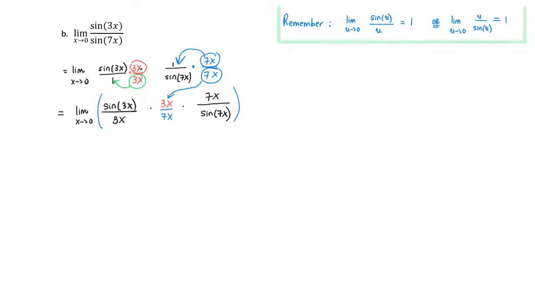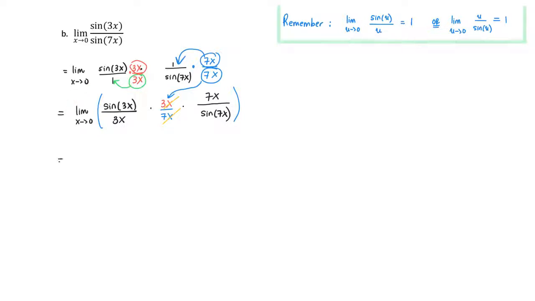Now, notice how these x and x cancel out. That means that this 3 over 7 is now a coefficient. x is canceled. So if there's no x anymore, 3 over 7 can come in front of the limit in my next step.